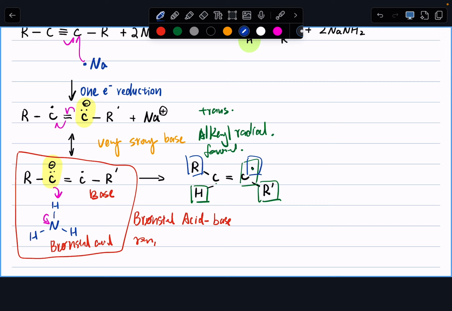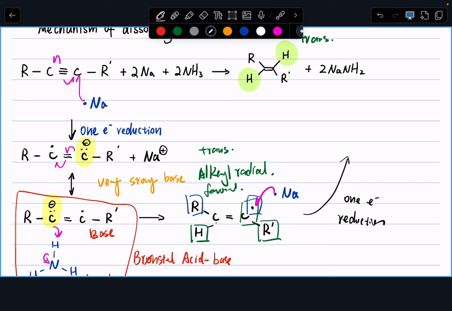So what's going to happen next? Well, we will have another one-electron reduction with sodium. And we do the same kind of arrow pushing. The electron goes onto this carbon to form a carbon-centered anion. And the next step becomes pretty straightforward.